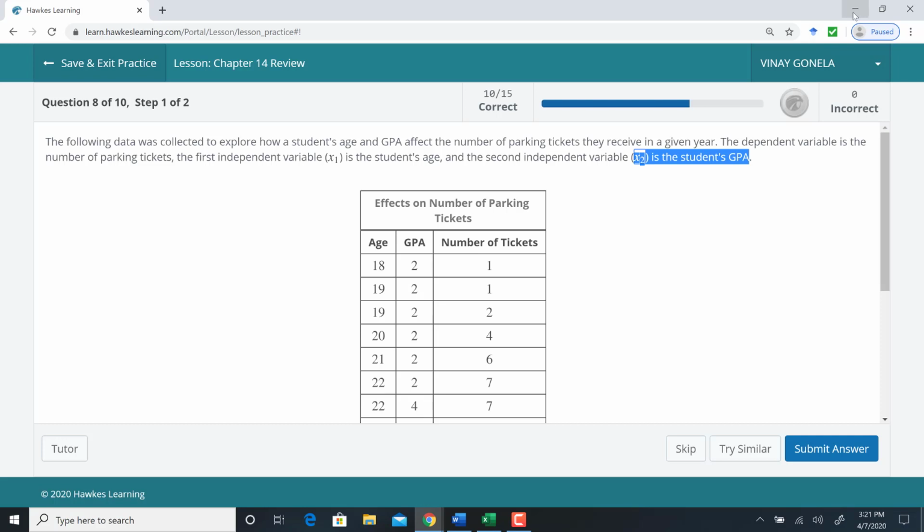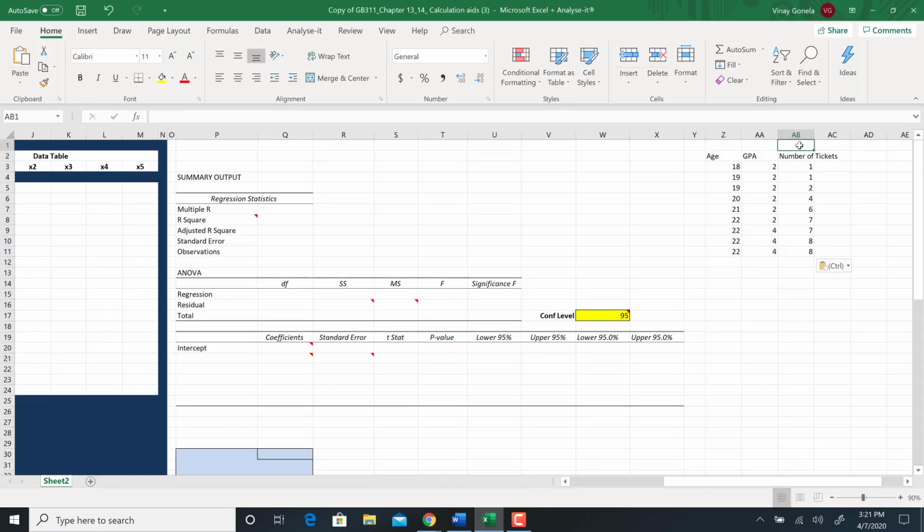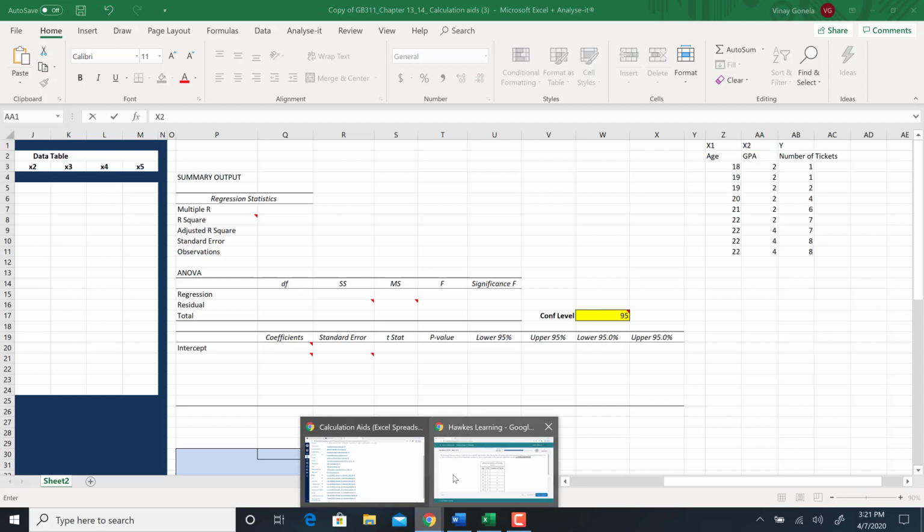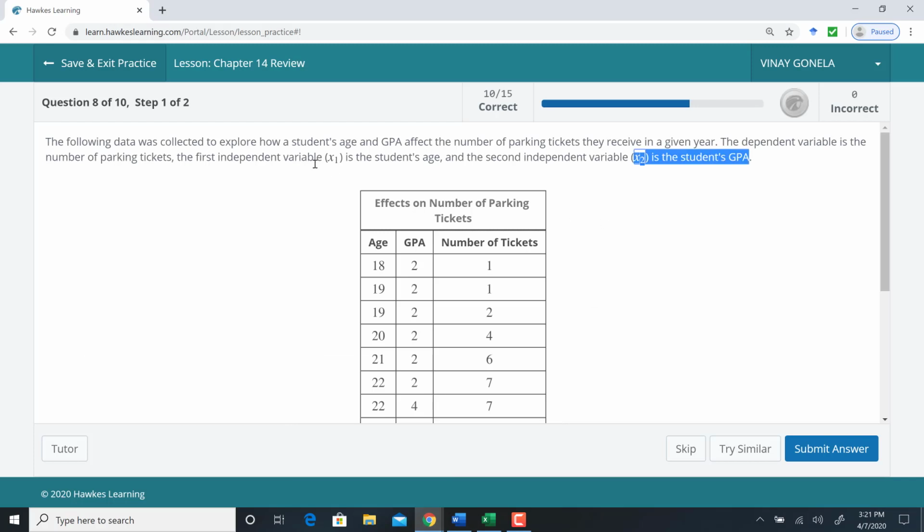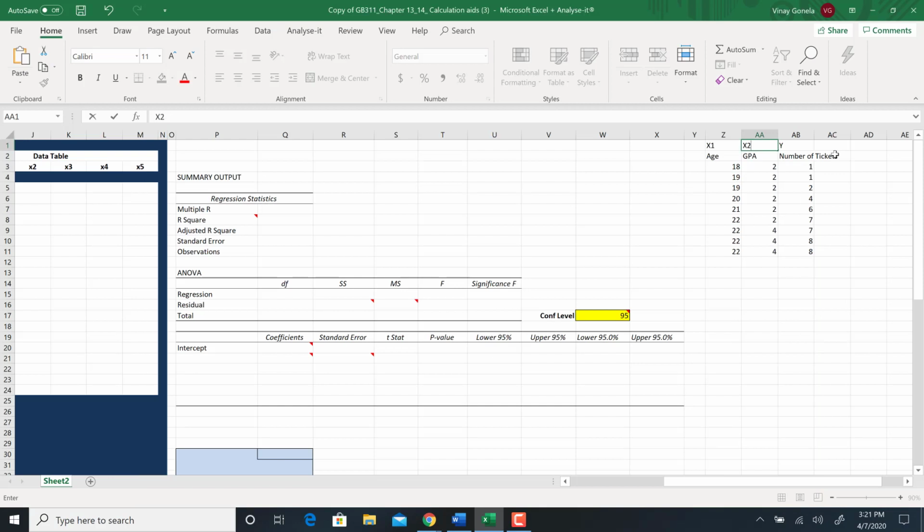So our number of tickets is y, age is x1, and GPA is x2. Let me cross check again. x1 is age and x2 is GPA. Okay, so I will copy this data. This is my y.